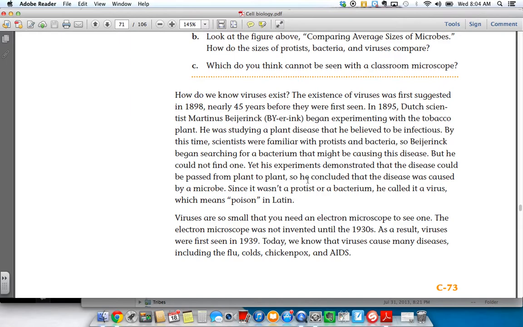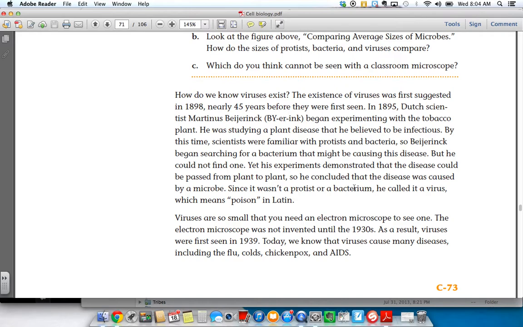He was studying a plant disease that he believed to be infectious. By this time, scientists were familiar with protists and bacteria, so Beijerinck began searching for a bacterium that might be causing this disease, but he couldn't find one. Yet his experiments demonstrated that the disease could be passed from plant to plant, so he concluded that the disease was caused by a microbe.